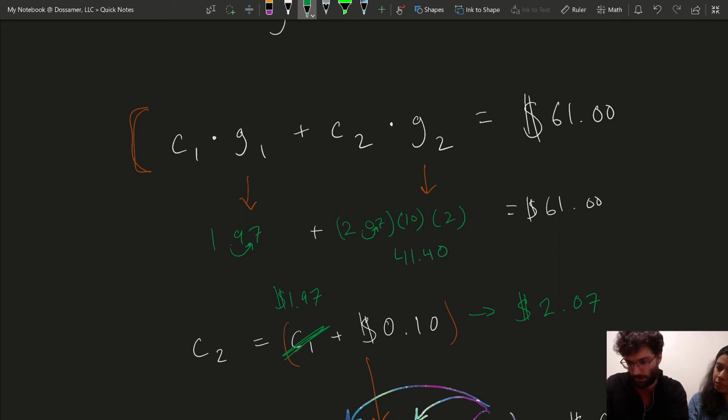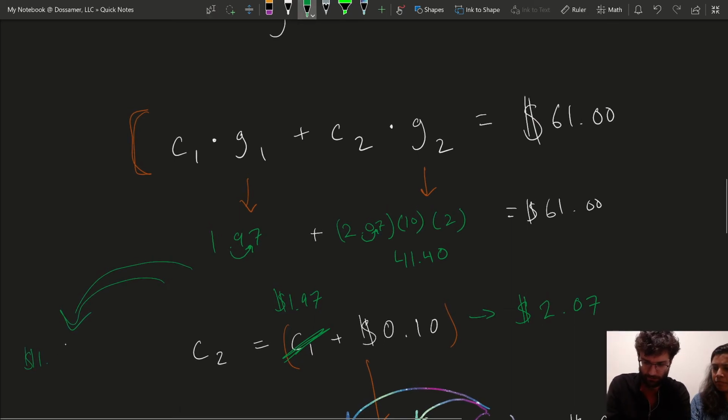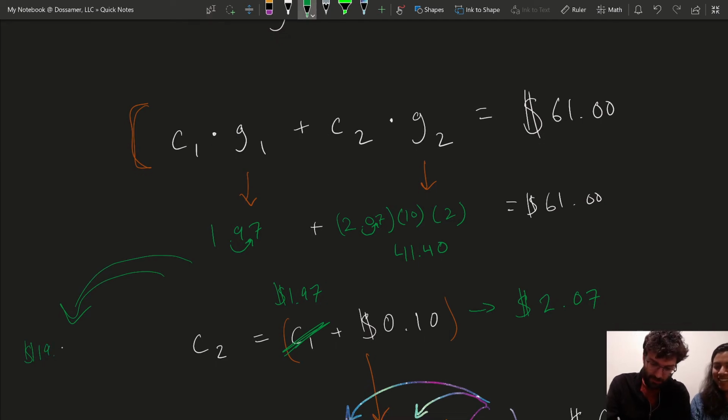So 2.07 times 10 is 20.7, because we move the decimal. And then 20.7 times 2 is 41.4. Slightly messy because you have to carry a 1, but 40 and a bit. So 41.40, just because we're talking in cents.